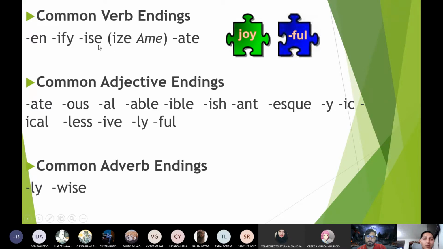Which one is correct? American spelling or British spelling? Both of them are correct. It's going to be your learning context, the one which is going to shape your very own spelling.